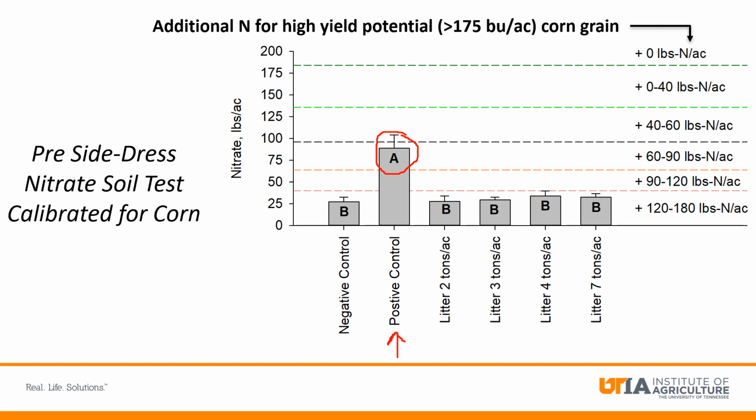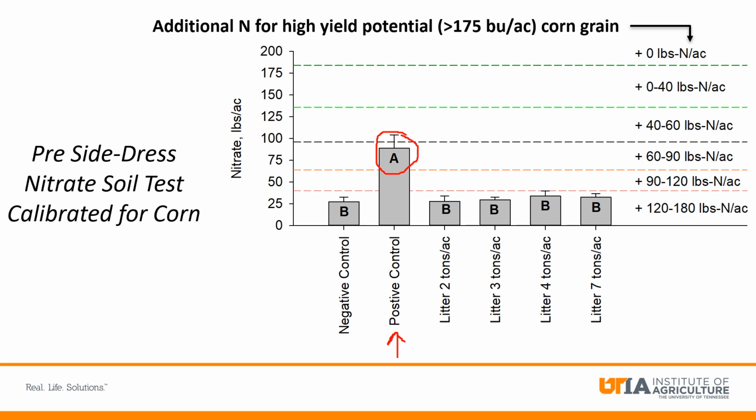So we have a good accounting of the nitrogen that was made available for the positive control, but you can see that we have a poor accounting of nitrogen in the litter applications, even at the high litter application rates. Again, this is an indication that the organic nitrogen in the litter has not been released at this point.